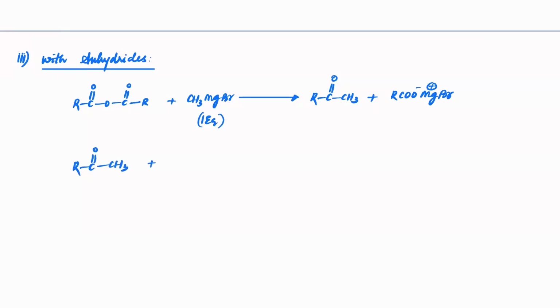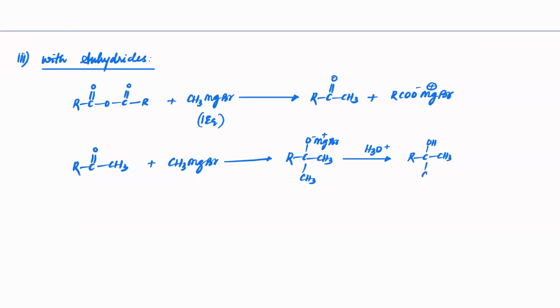This ketone, when you react with CH3 MgBr, you will get this adduct RO minus MgBr plus with CH3 and CH3, and that on hydrolysis will convert into an alcohol, that is RCOH, CH3 and CH3.